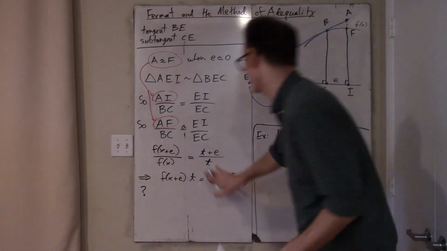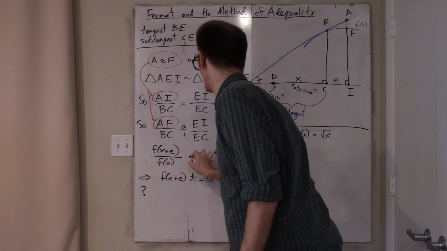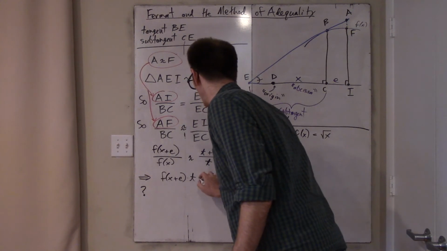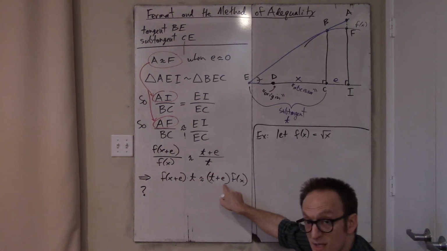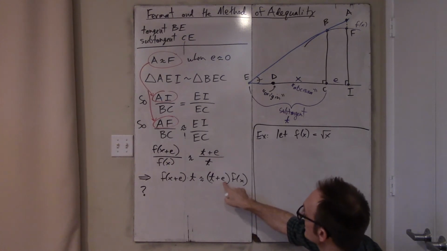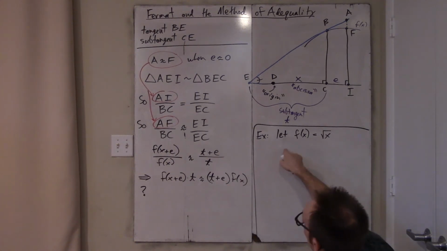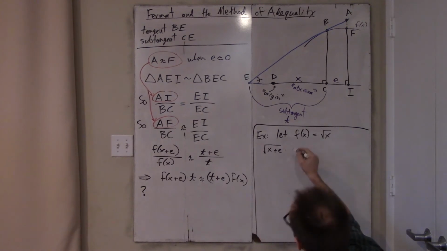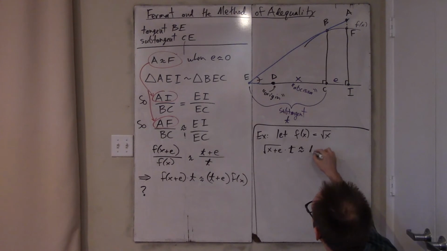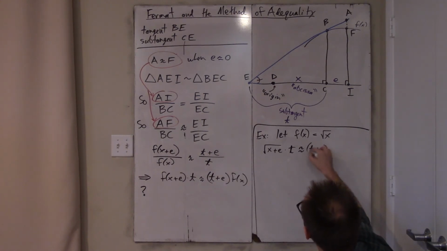It tells me, and maybe I should continue to be writing approximately's here, because that is really what we're doing. Well then, using this derivation that we did in general for this particular problem, what this says is that root x plus e times t is approximately equal to t plus e times root x.